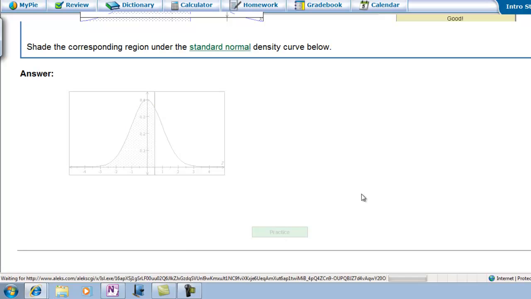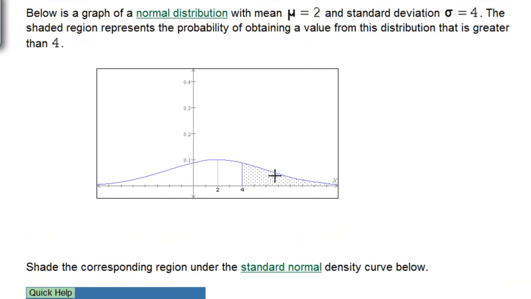Let's do another one. This is also a normal distribution. You can see from the graph the mean is at 2. The value of interest, x, is at 4. But before we can do anything, we need to know what the standard deviation is. And you can see here the standard deviation is 4. So we would be doing x minus mu, 4 minus 2, which is 2, divided by 4.